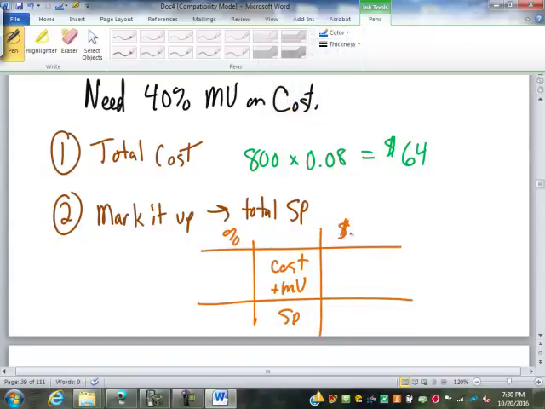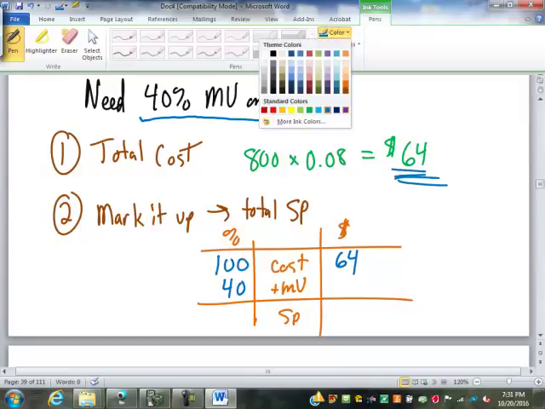What's going to go in here? Where's the 64 go? Dollar cost. What else do we have? 40% goes for the markup, percent markup. And 100 goes on cost.